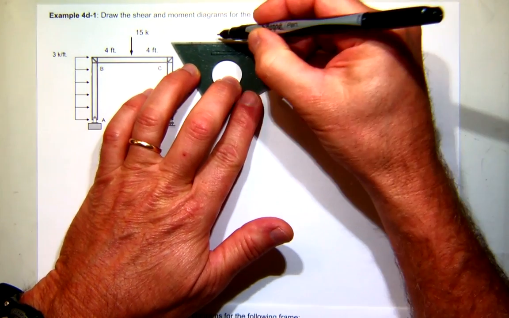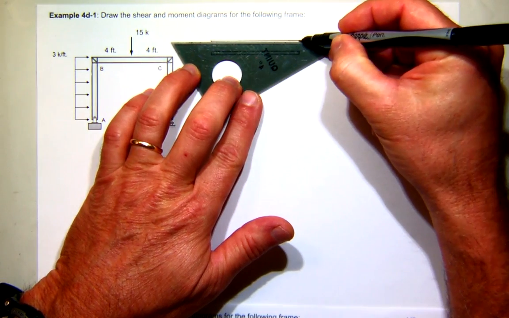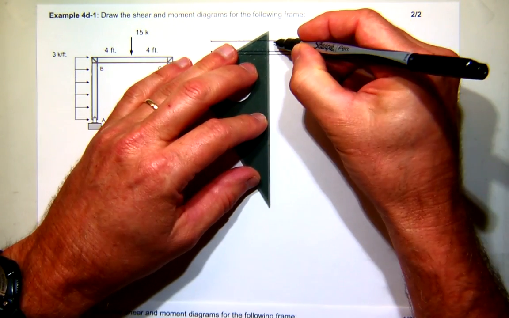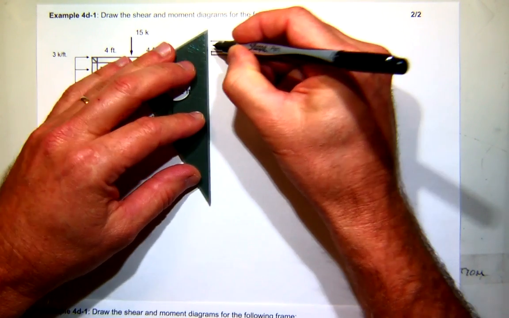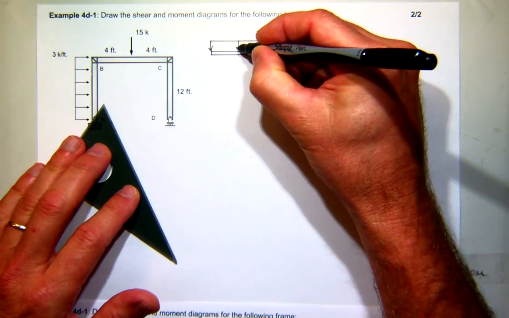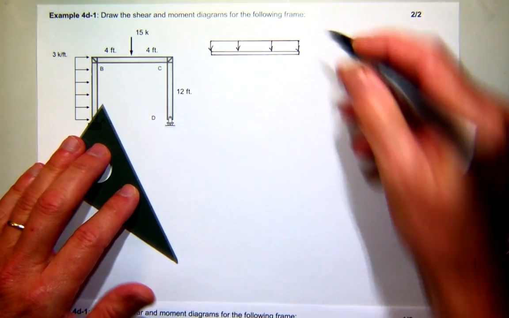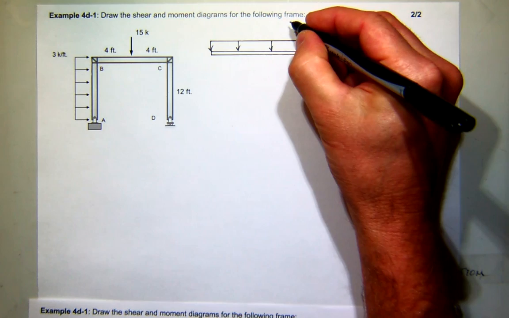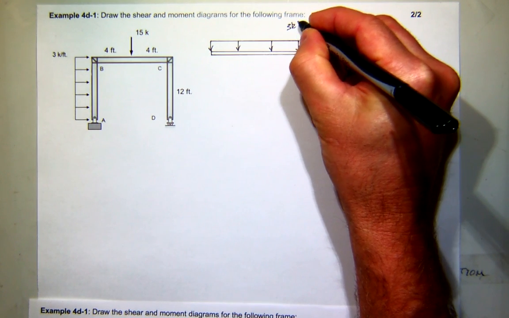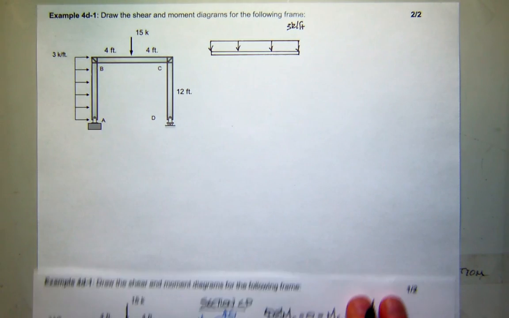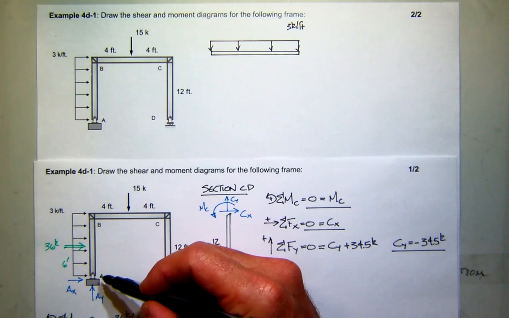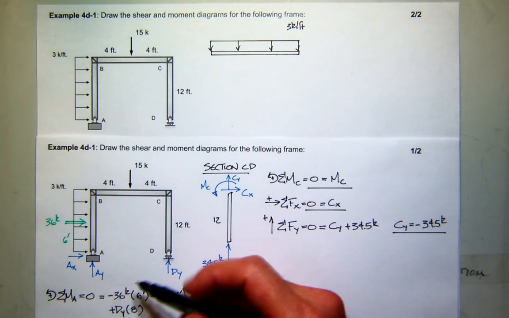It has a distributed load on the side, which now looks like it's acting down, and it has a value of 3 kips per foot.